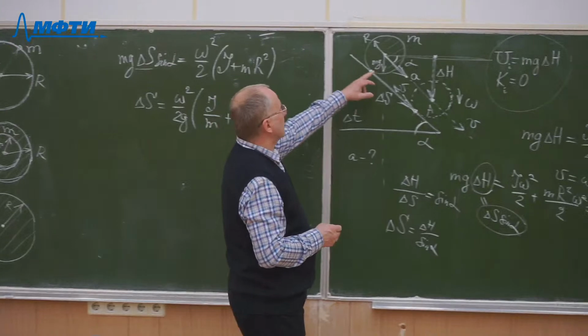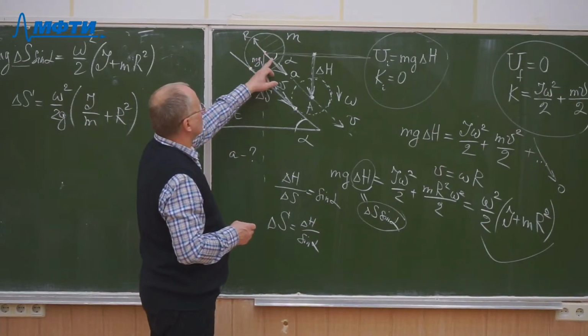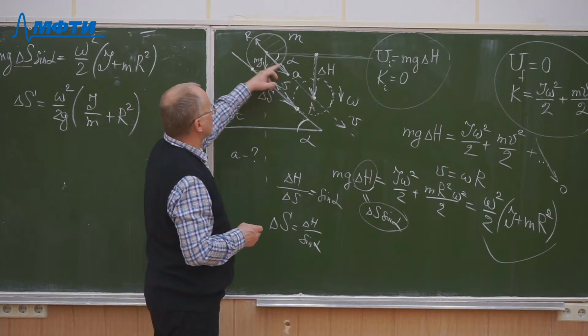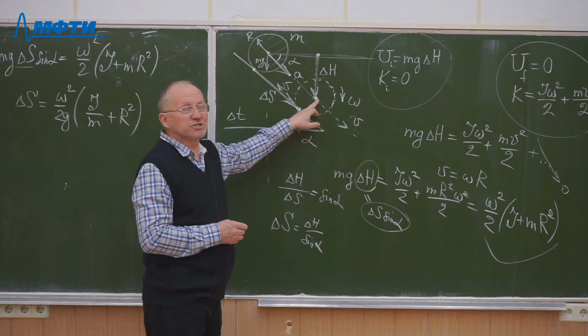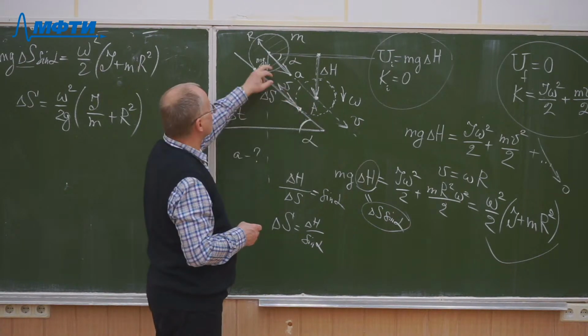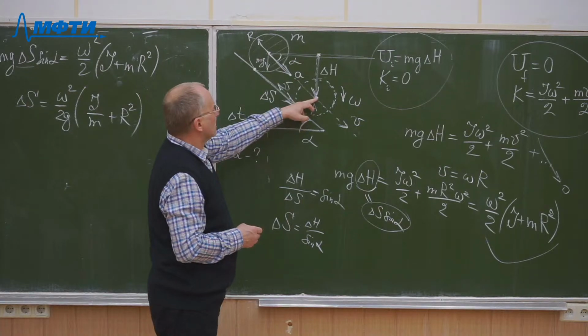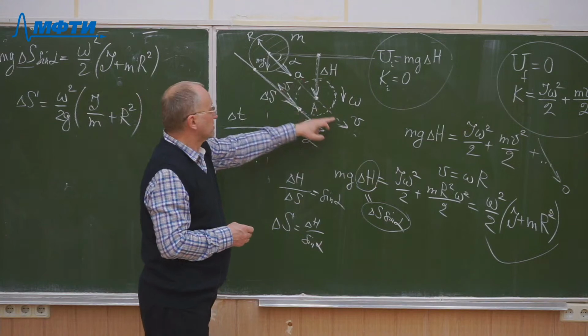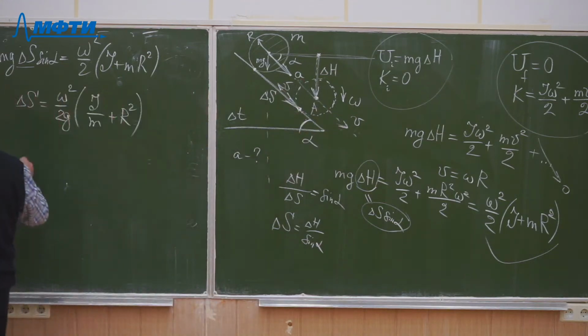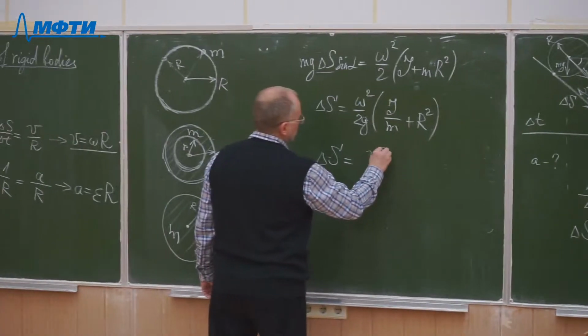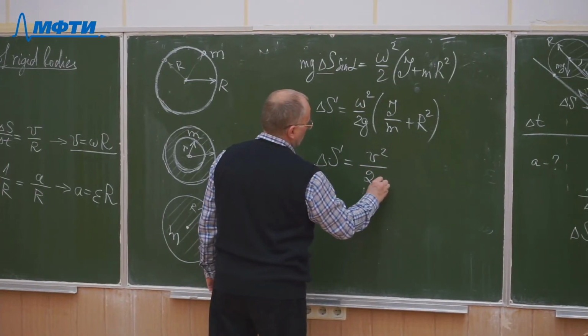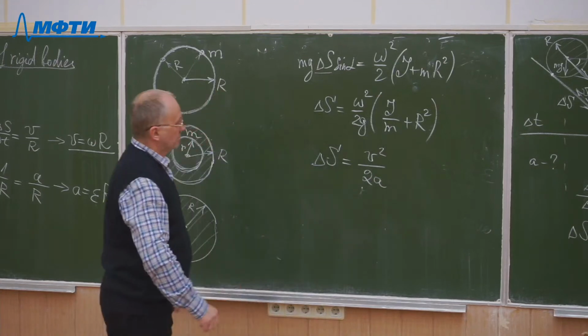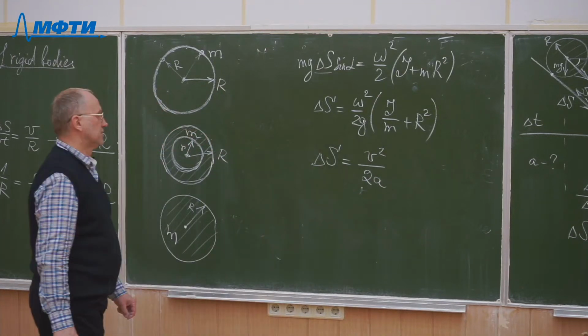So if the center of mass was moving at constant acceleration, then the displacement of the center of mass is related to acceleration and final velocity in such a way that the displacement is final velocity squared over 2 times acceleration.